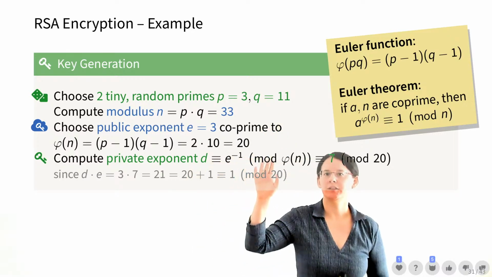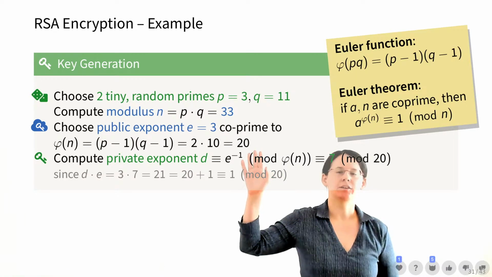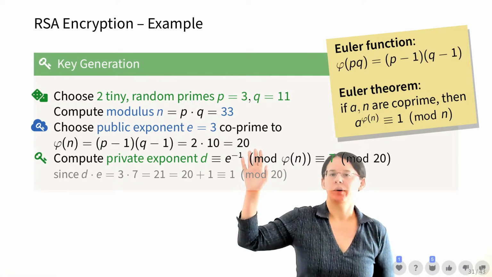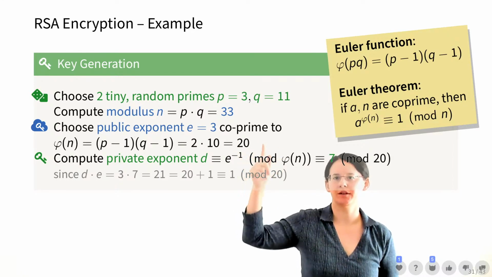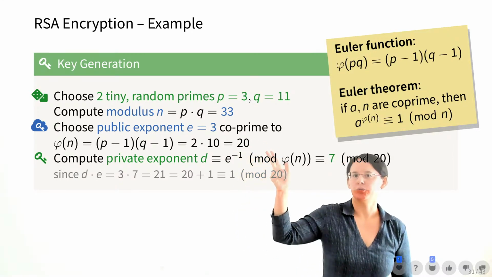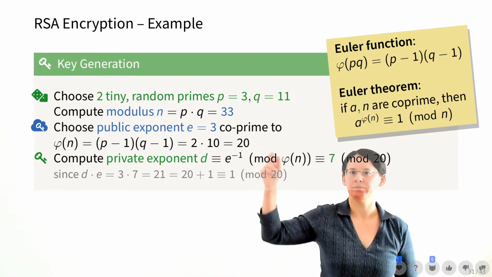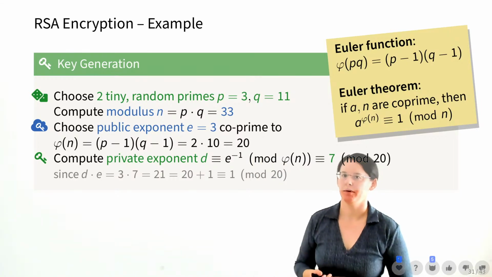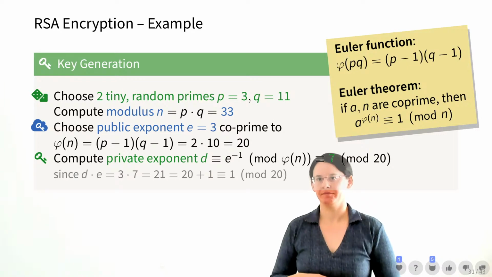This means our public exponent needs to be co-prime to 20, and it shouldn't be 1. So we're not going to take 1, we're not going to take 2 because it has a common divisor with 20, but 3 seems fine. 3 doesn't have a common prime factor with 20, because 20 is not divisible by 3. So 3 is going to be our public exponent.